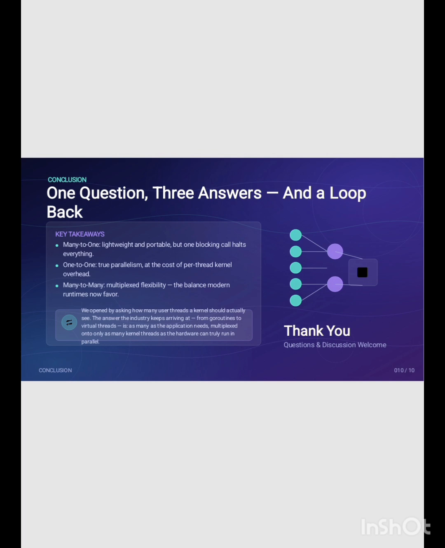This is about multithreading models: one-to-one, many-to-one, and many-to-many.